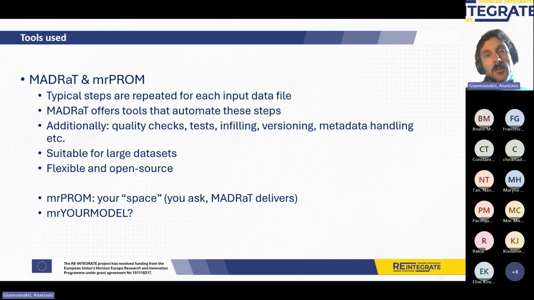So as I said before, the idea is to use Madrat, which is the engine. It's basically what provides all these tools for all these things, and then connect it to some code that you write, which is your package and would be called MR, your model. The combination of the two would create this input data framework.